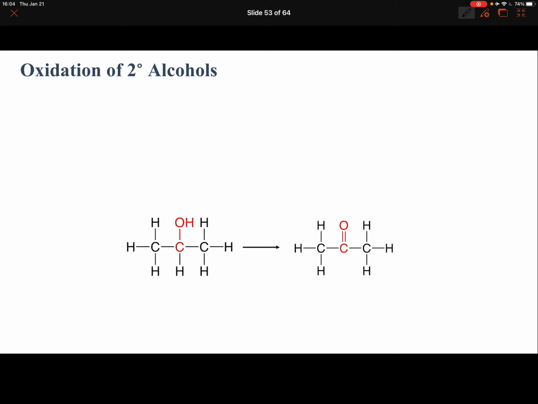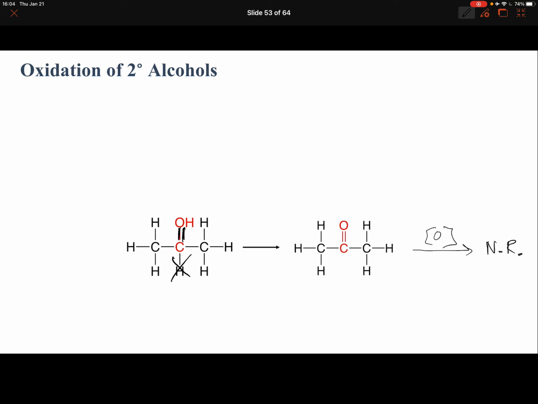If we take a look at the secondary alcohols, we see that we still have an H that we can remove so that we can make our double bond to the O, but then we're done. There's no more H's to remove, so we can't oxidize further. So this one does not keep reacting.